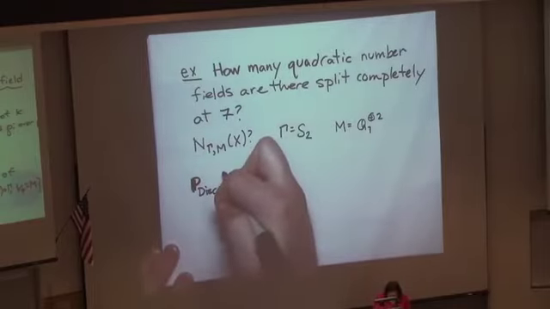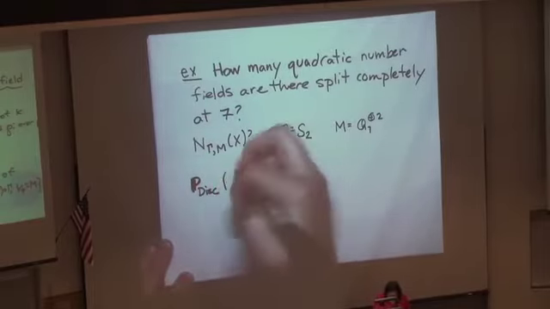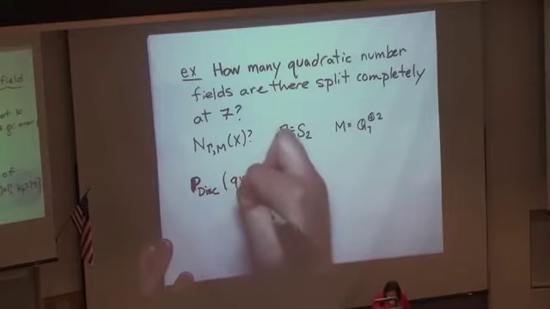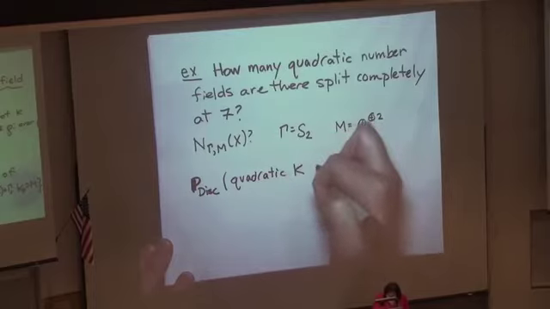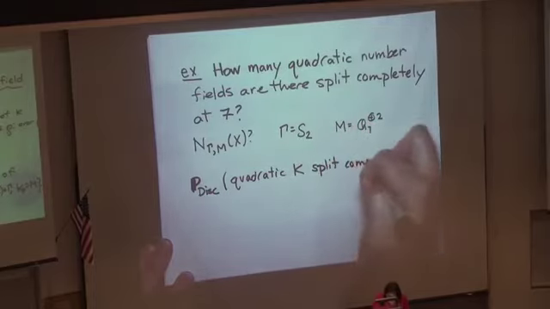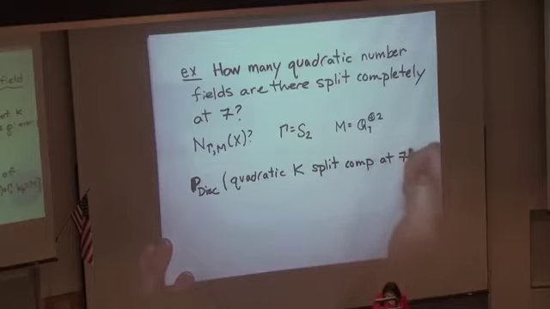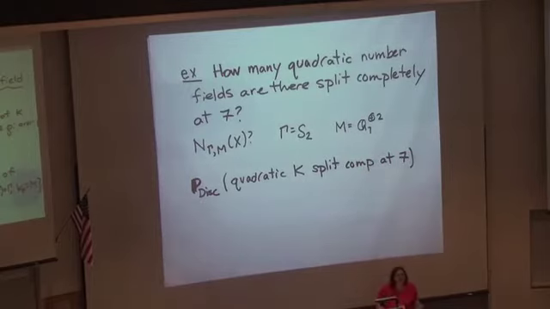So if I say, what's the probability that a quadratic K is split completely at 7, I'm writing the subscript discriminant to remind me that the thing that I'm taking randomly is K, and I'm taking it by its discriminant.